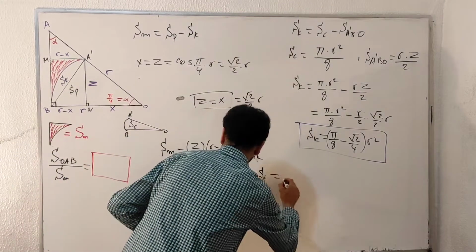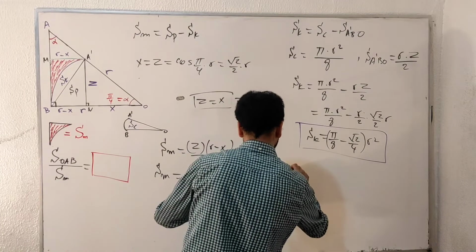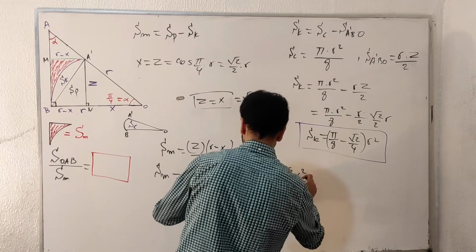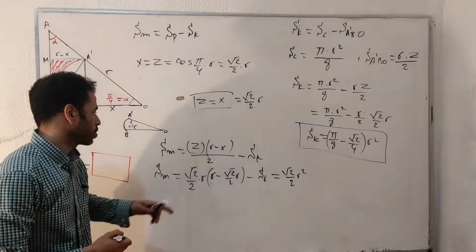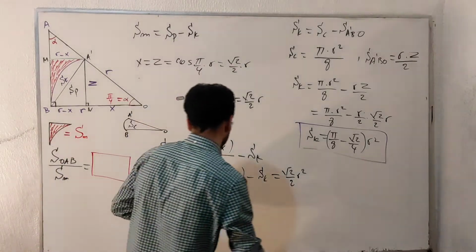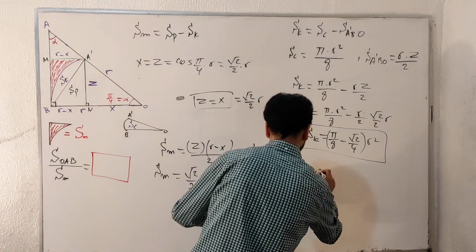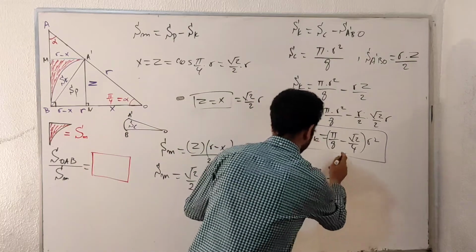So I will have this one multiplied by this one given as square root of 2 over 2 r squared, minus this one, which is square root of 2 multiplied by square root of 2 over 4, which is half. So we'll have minus r squared over 2, minus Sk.